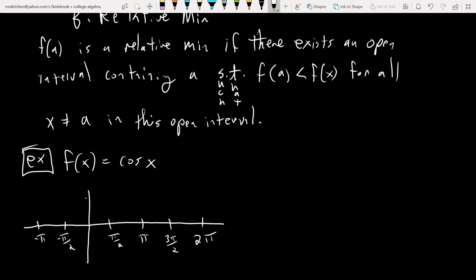And the cosine function has a max at 1 and a min at -1, and it has this kind of shape to it, over here, and down, and back up.